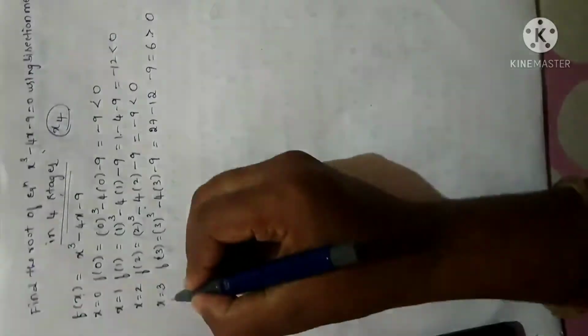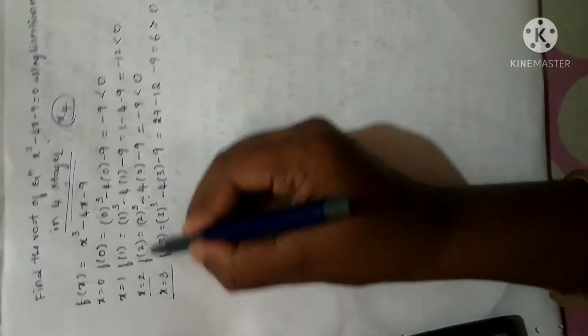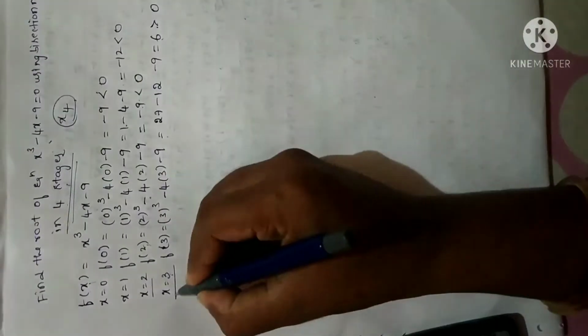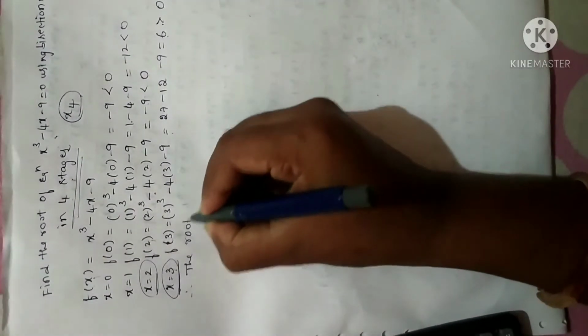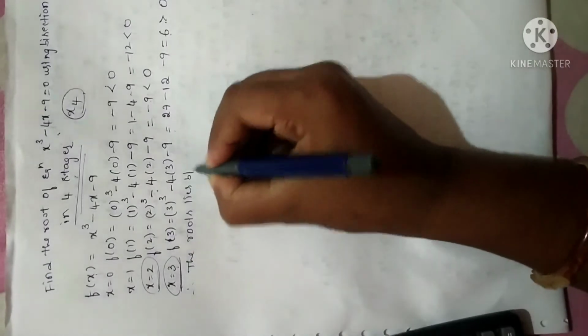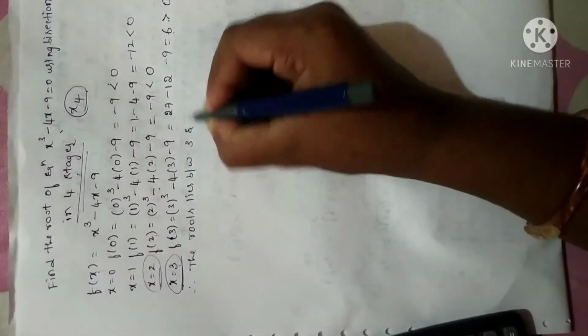So we have to search for the next preceding value for which f of x is negative. Fine. Since f of 3 is positive and f of 2 is negative, clearly I can write, therefore, the root lies between 3 and 2.